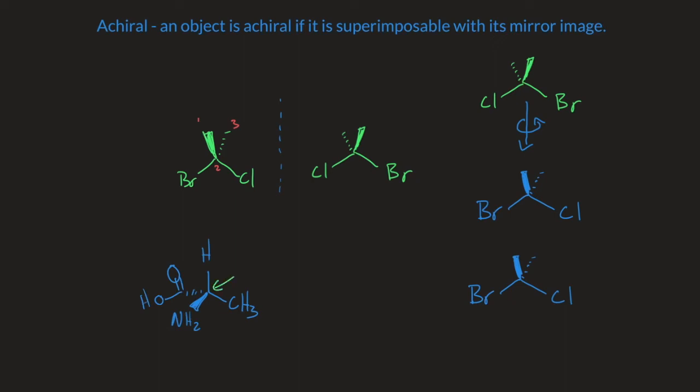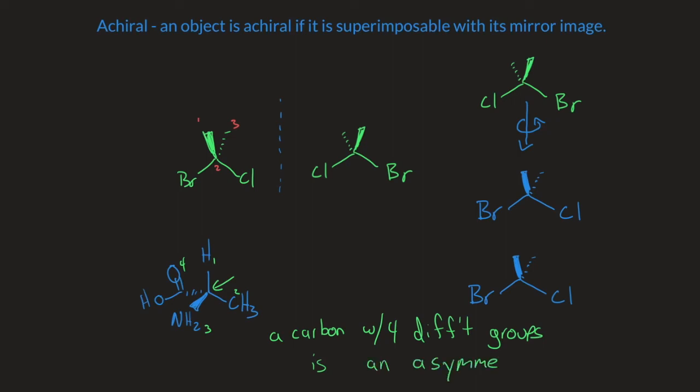This carbon has 1, 2, 3, 4 different groups attached to it. A carbon with 4 different groups is an asymmetric carbon or asymmetric center.